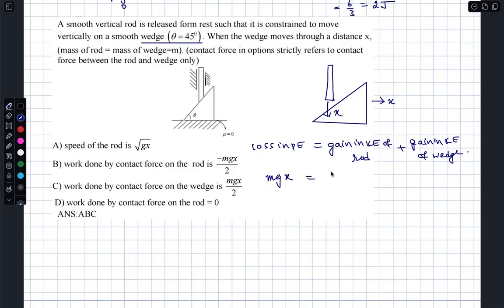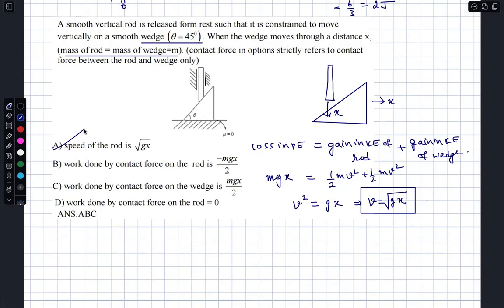This is half mv square plus half mv square. Fortunately, why? Because mass of the rod and mass of the wedge is the same. So v square is gx and v is root gx. The speed of the rod is root gx, absolutely correct.